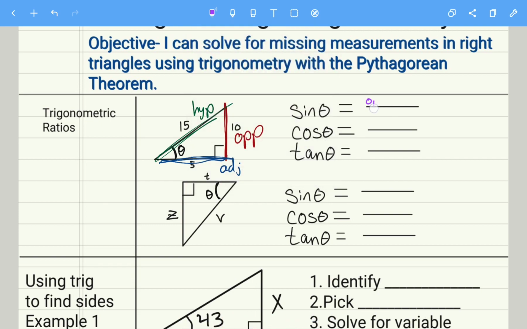We know sine is opposite over hypotenuse. Opposite is 10, so that will go in our numerator. And our hypotenuse is 15, so that will go in our denominator. So our fraction is 10 over 15, which is 2 over 3.